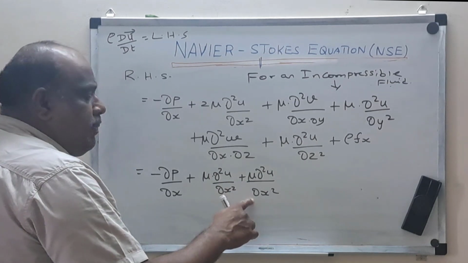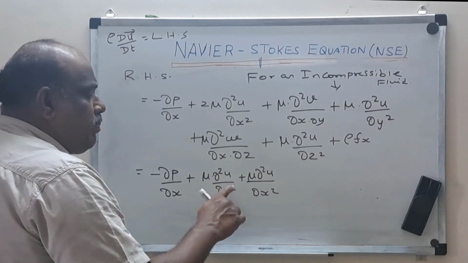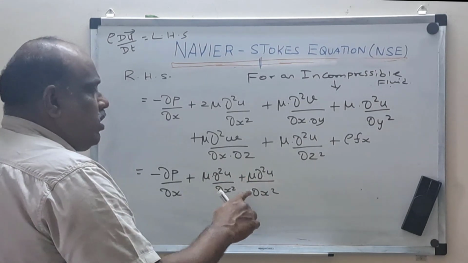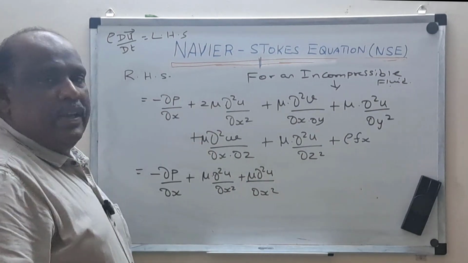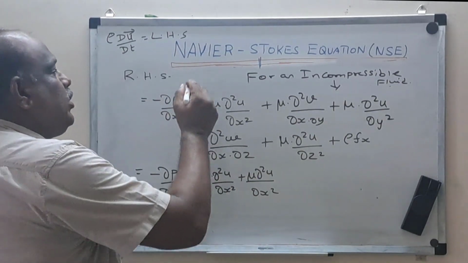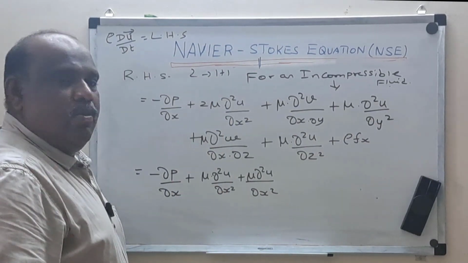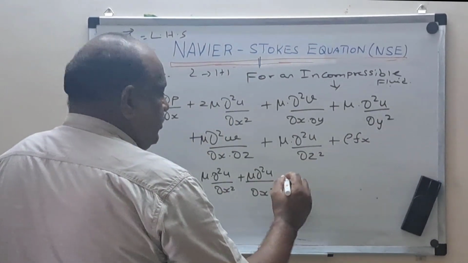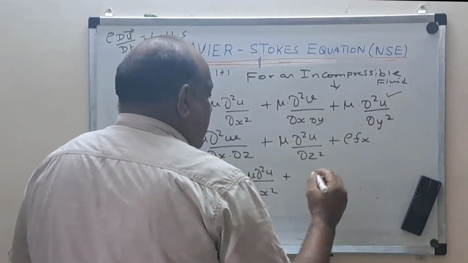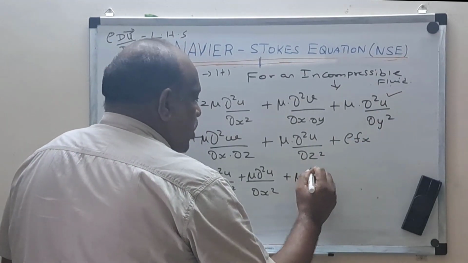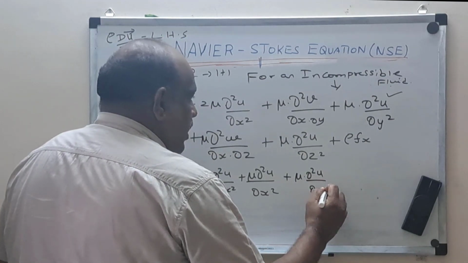If I add, what will happen? 1 mu into dou squared u by dou x squared plus 1 mu into dou squared u by dou x squared will become what? 2 mu into dou squared u by dou x squared. I have written 2 as 1 plus 1. That's it. Plus, I will write now this term plus mu into dou squared u by dou y squared.